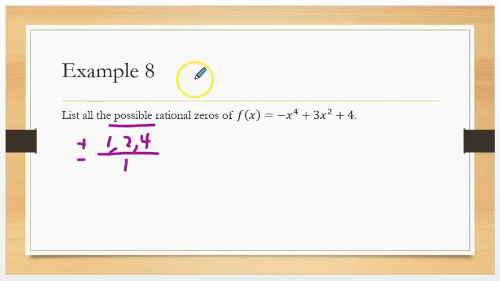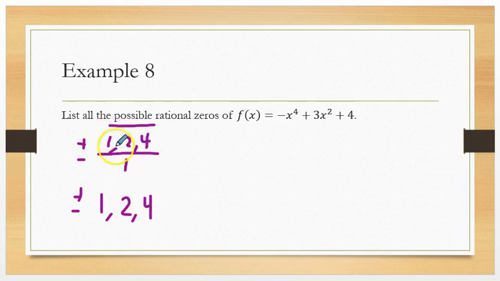So once you have this set up, you're going to create an actual list of numbers by picking one of the numbers on top and one of the numbers on the bottom, and you have to consider every possible combination. So for this case, if I pick 1 on top over 1 on the bottom, that's the number 1. If I pick 2 on top, 1 on the bottom, that's the number 2. And if I pick 4 on top, 1 on the bottom, that's the number 4.